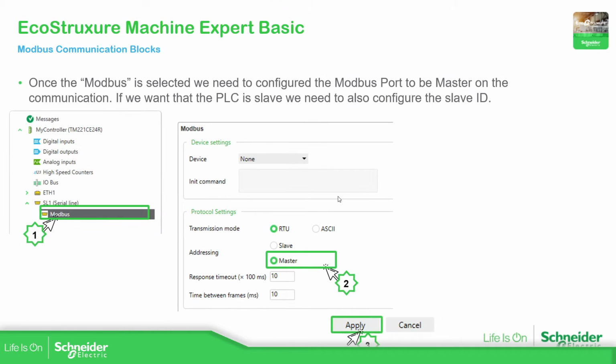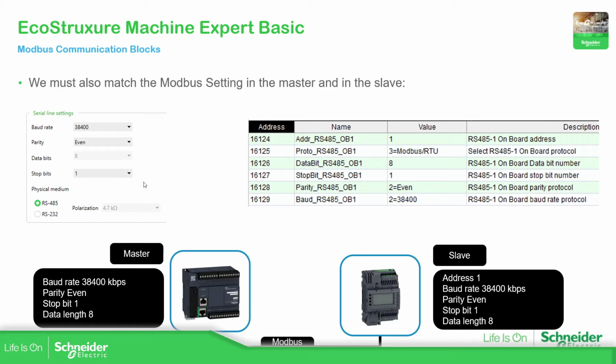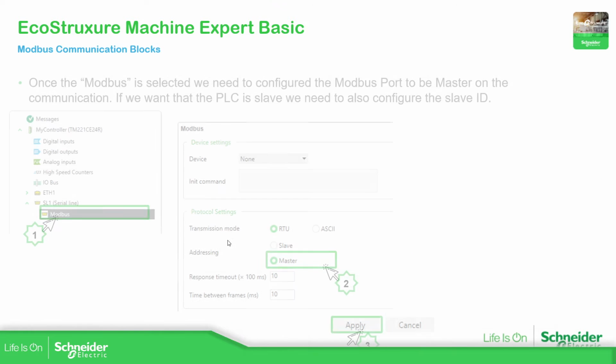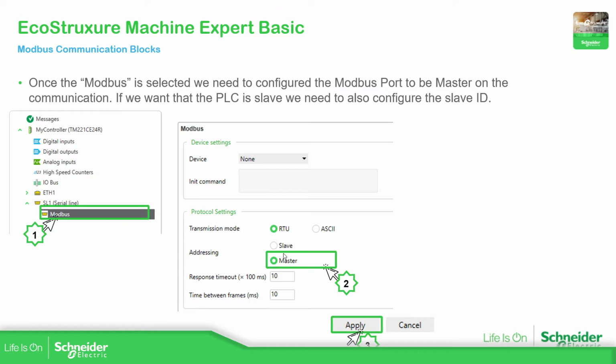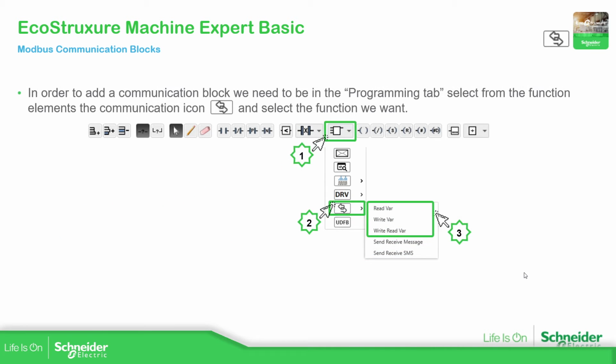Now, once we have configured all the settings for the serial line, we need to configure that the PLC will be the master in the communication.